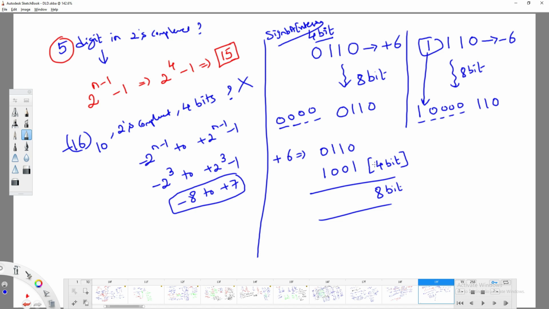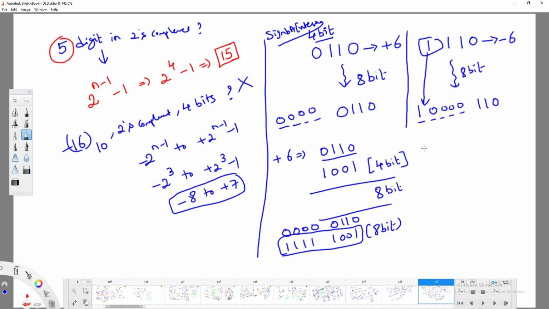What can we do here? Simple thing, you can just write the 8-bit system for the actual data of plus 6, writing 4 zeros, 0110. For this, if I try to write the complement, what will happen? 1111 1001. So this is 8-bit. There is no problem.